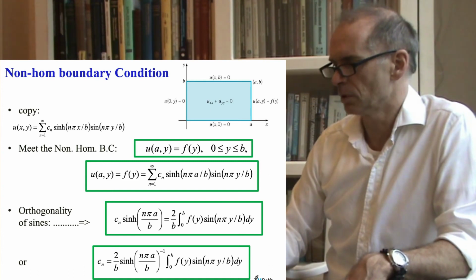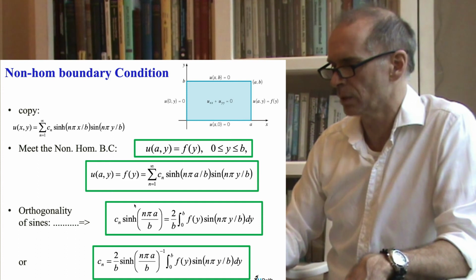So what happens if you now say, well, I have a sine series, so I can apply the orthogonality of the sines to calculate coefficients, then what you calculate is actually this combination. So what you get is Cn times the hyperbolic sine of n pi a over b.